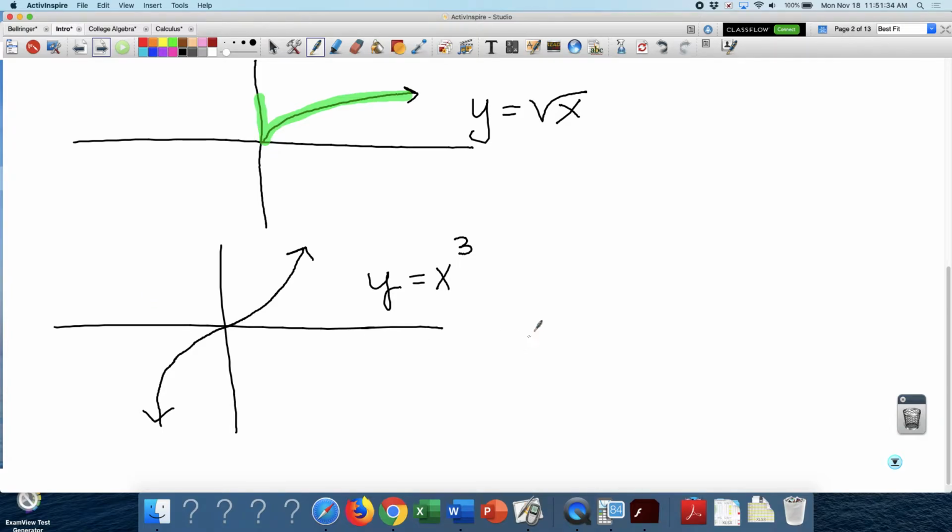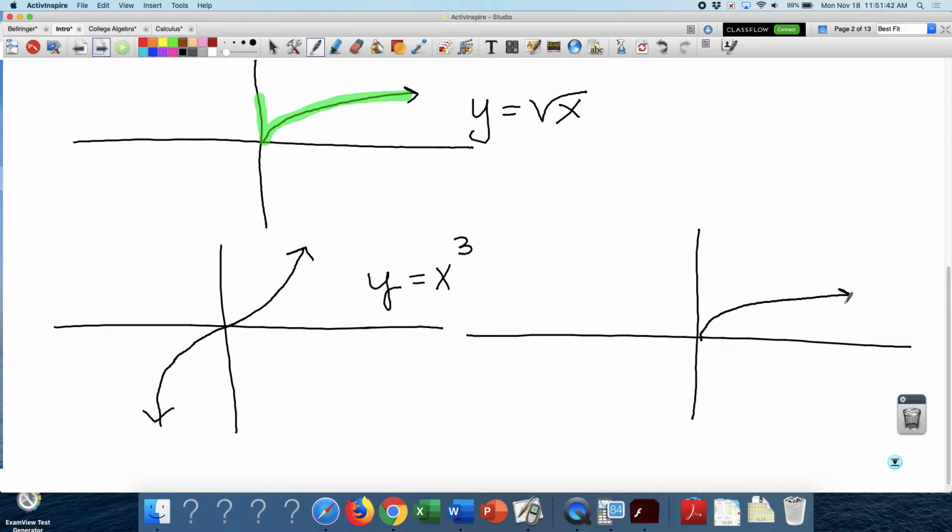I bet it's the cube root of x. It is. Now, how do we know it's a cube root? Well, look. This one looks just like the square root, except it has another piece to it. So it still has this part to it, which has a radical. But it has this other part, which means it's the cube root.